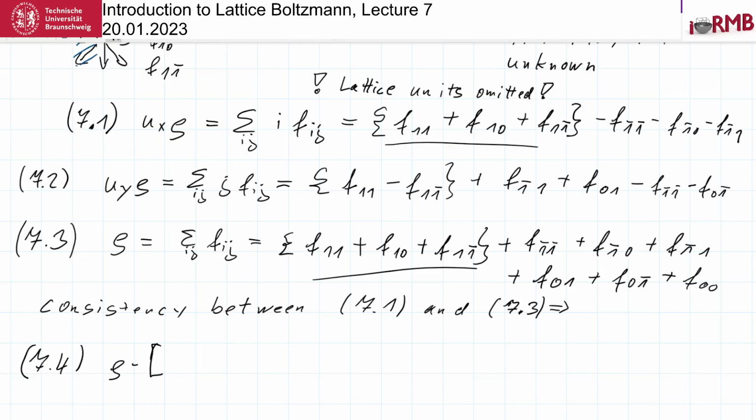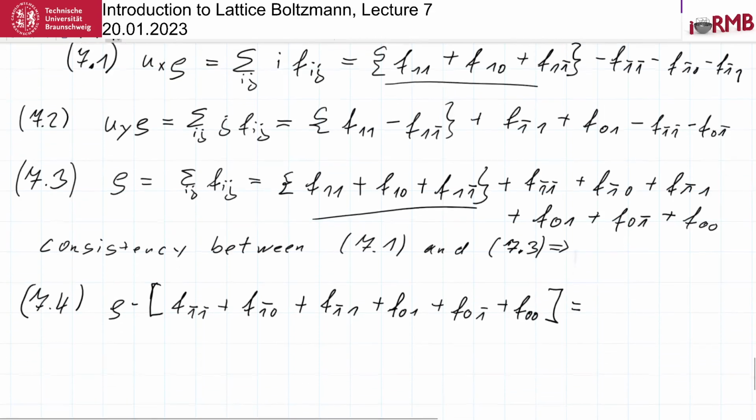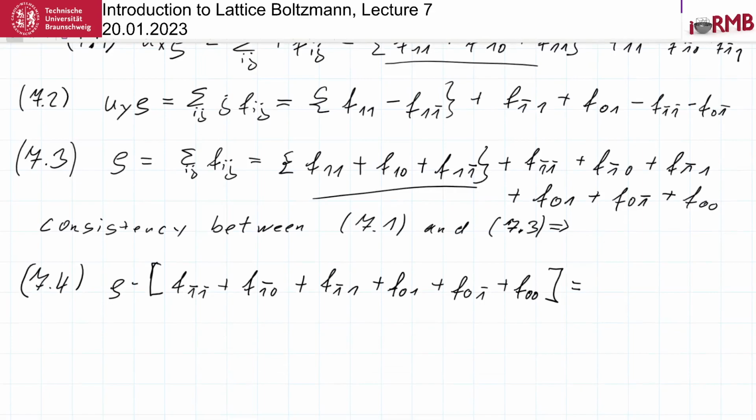This is 7.3, so I put everything on one side, and I solved 7.3 for the thing in the bracket, right? And put everything here, 1 plus 1 and f01 plus f0 minus 1 plus f0, 0. So I have not checked it. If I missed something, then I am confident that you could correct me.